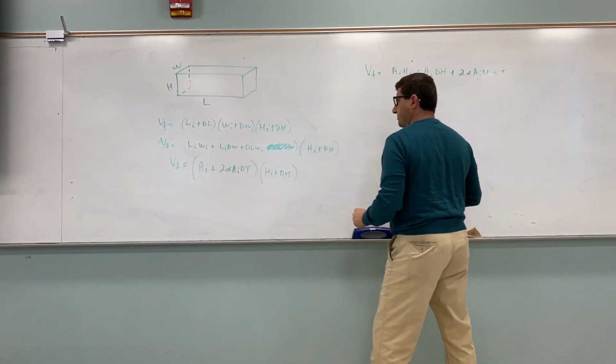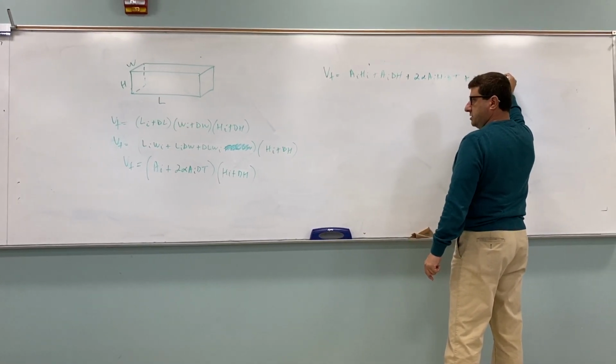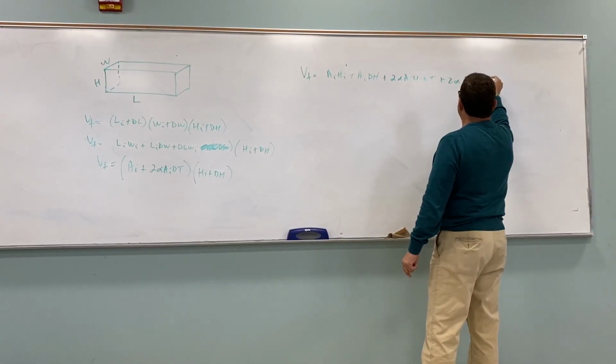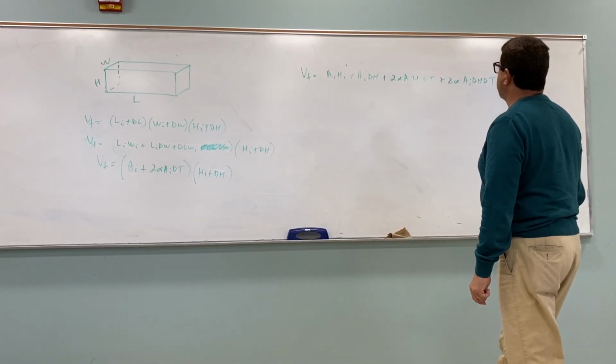Plus the last one is going to be that one. Plus 2 alpha A initial, delta H times delta T. Okay?